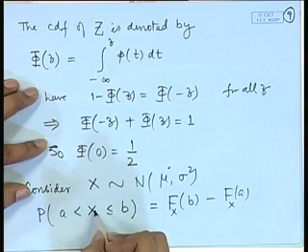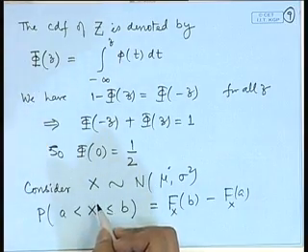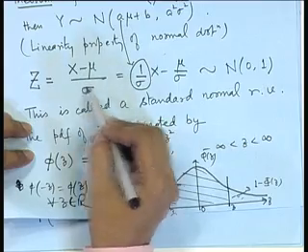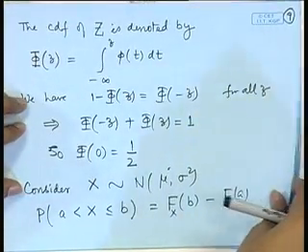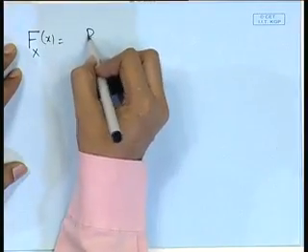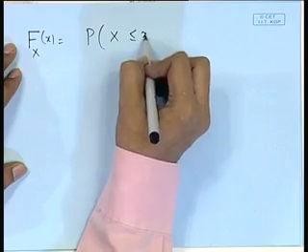However, if we consider the result here that (x minus mu) by sigma will have a standard normal distribution, then this can be shifted to F of x, that is probability of X less than or equal to x.